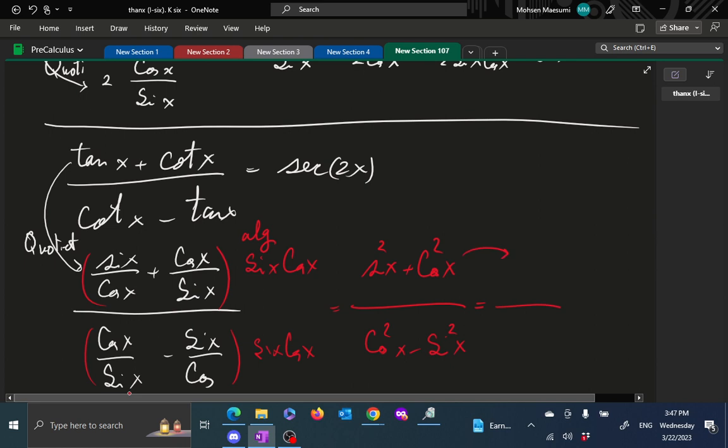So who is this? Pythagorean identity? That is 1. Who is this? This is cosine of 2x, and that's the double angle identity. And who's this? This is secant of 2x, and that is the ratio identity or something like that. Okay, now let's go type it in.